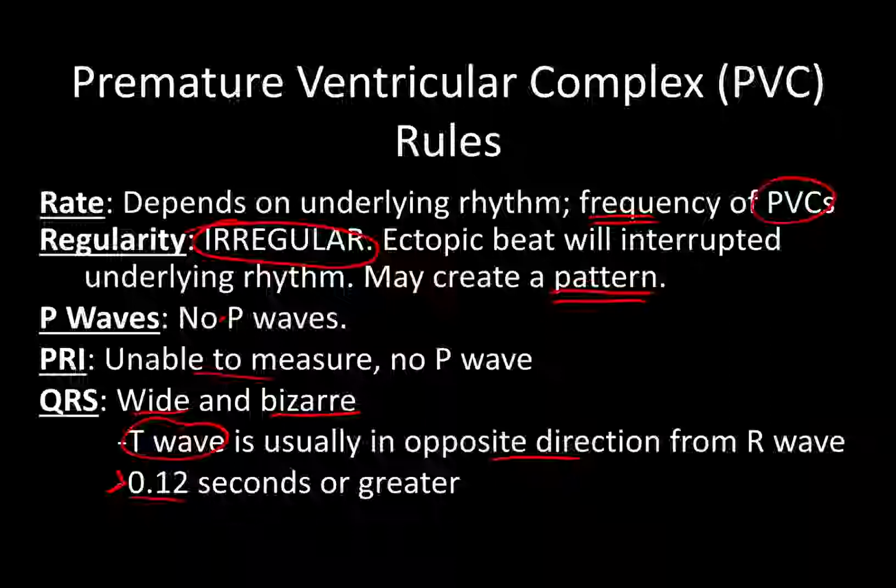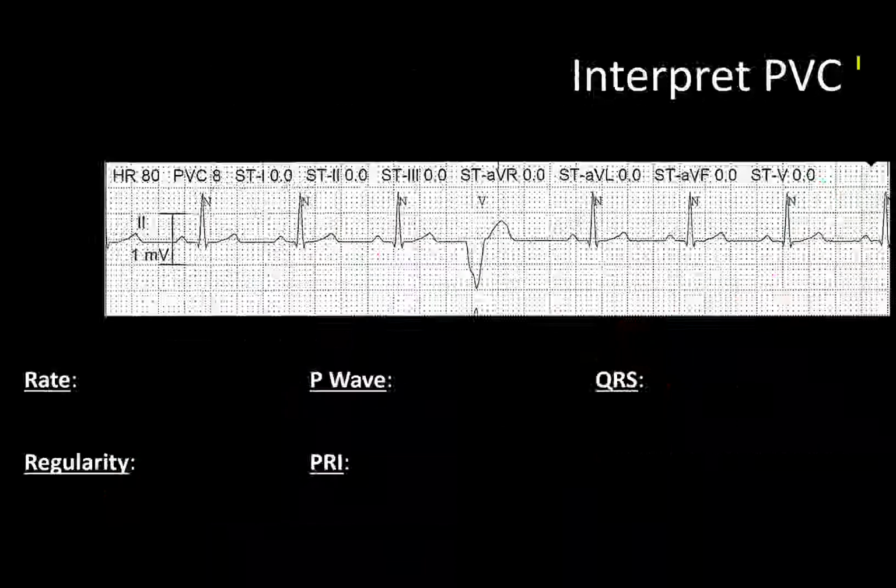A quick example of that is something along this line where you've got up, and then it goes something like this, or you've got one that goes down, goes up real high like this. Those are what I mean by inverse T waves: your T is down here, but your QRS is up here, whereas in a normal beat you would expect the QRS and T wave to both be on the top side.